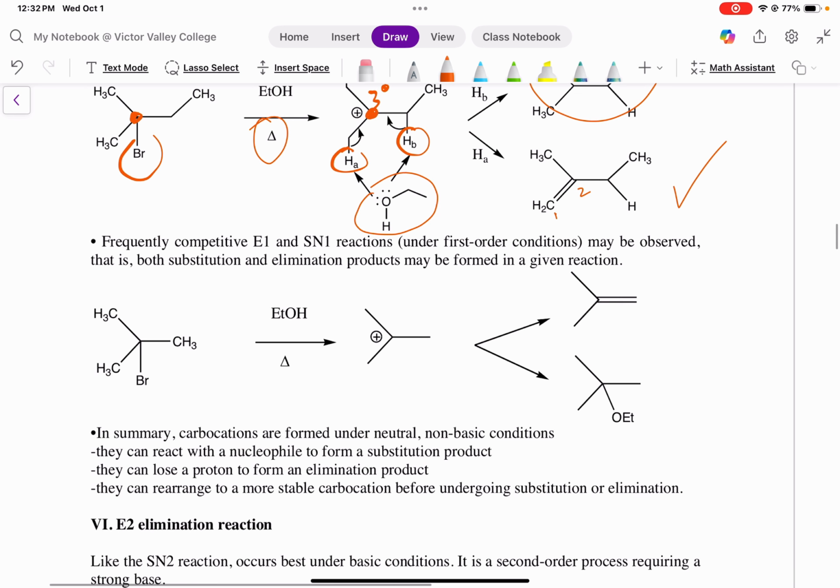Now, eliminations, of course, are also competed with by the substitutions. So we got the elimination product, the E1 product. We also get the SN1 product, and the bottom one is the SN1.